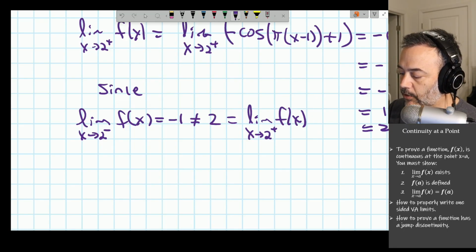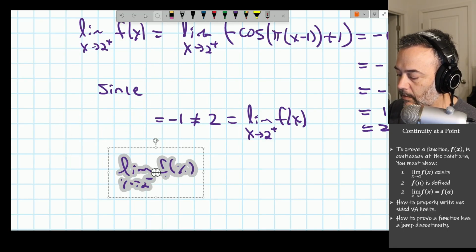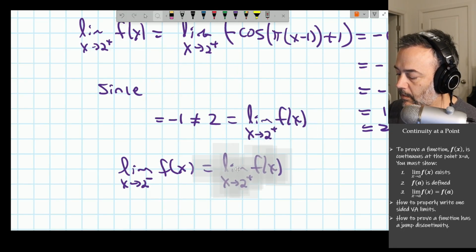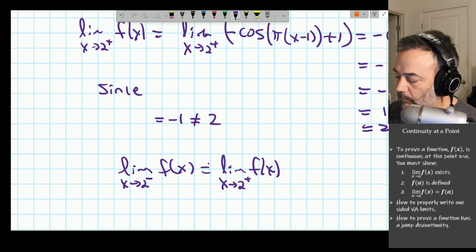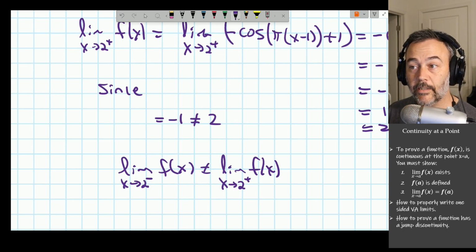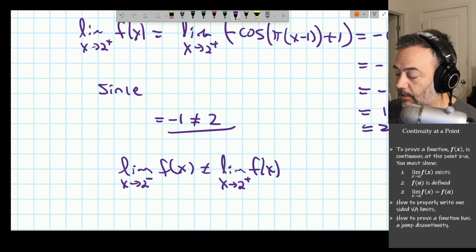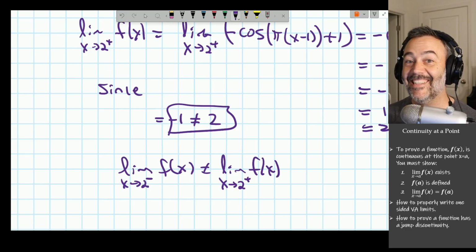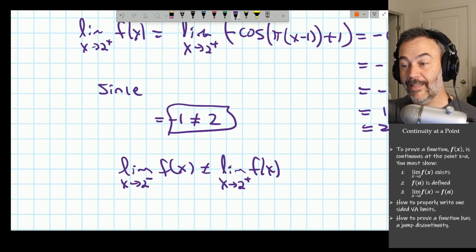So you could just write this, but do not just write that. Don't write since negative 1 is not equal to 2. I need to see the limit from the left is not equal to the limit from the right, and the above work justifies that they both exist.